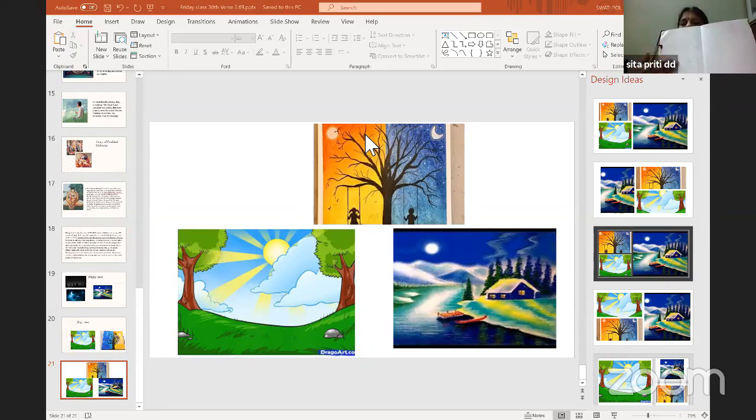Then one side can be day and one side can be night. For that understanding I have given you a drawing over here. Whichever you feel is okay for you, you can choose. I'm going to choose the night and day one.